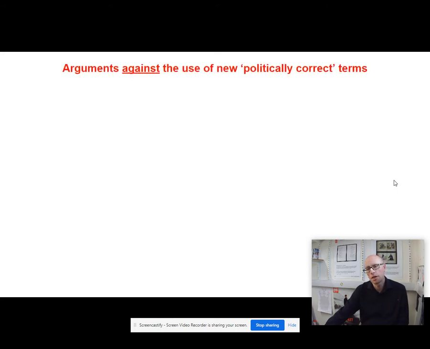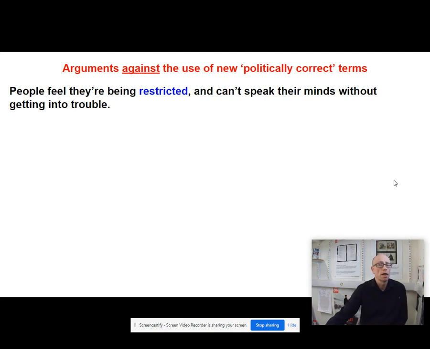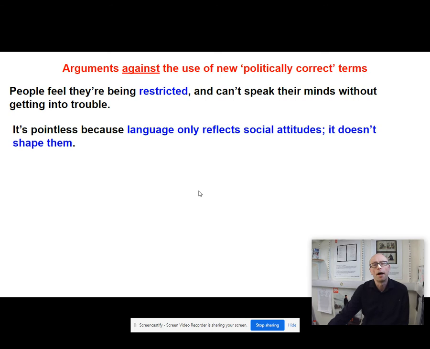Okay, now in terms of arguments that people use against PC terms, one of the main ones is that people feel like they're being constrained. Their freedom of speech and conversation is being constrained. They can't speak their minds without getting into trouble. So people don't like that. Also, people feel that it's actually pointless constructing these words, because what does language do?